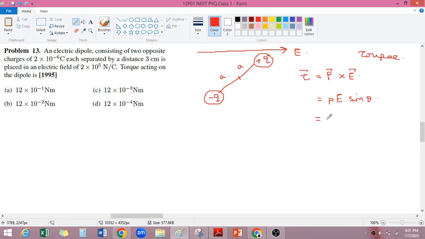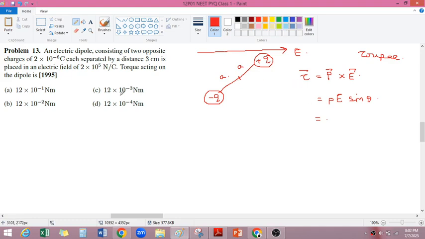An electric dipole consisting of two opposite charges is placed in an electric field. They didn't say any angle or anything. Torque acting on the same. Torque, what should I do? I think it will be sine 90, because they didn't say whether it is kept this way or this way, right?